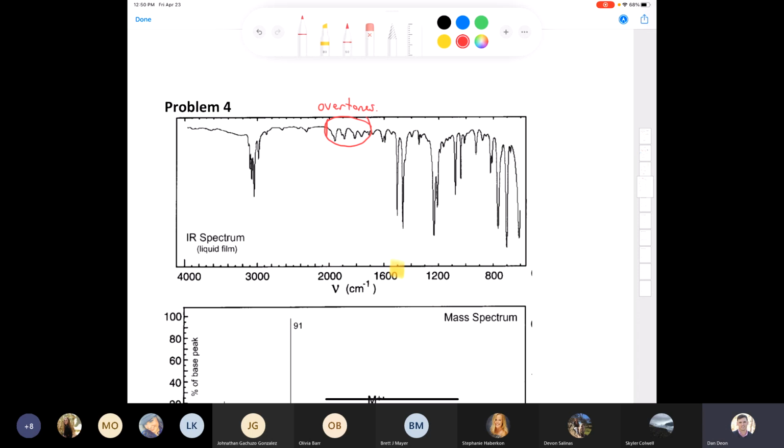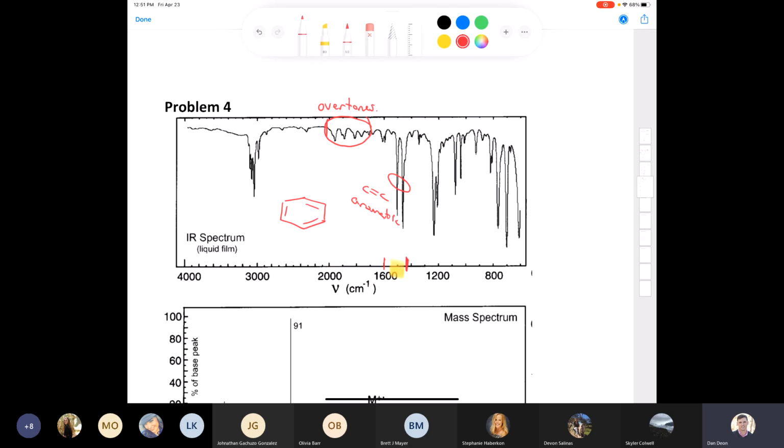And here you can see that we have between 1600 and, this is 12, 13, 14, maybe 1450. Usually when you have 2 to 3 signals in the 1450 to 1600 range, that tells you that it's a carbon-carbon double bond and that it's aromatic. So that means that we must have an aromatic ring in our molecule.